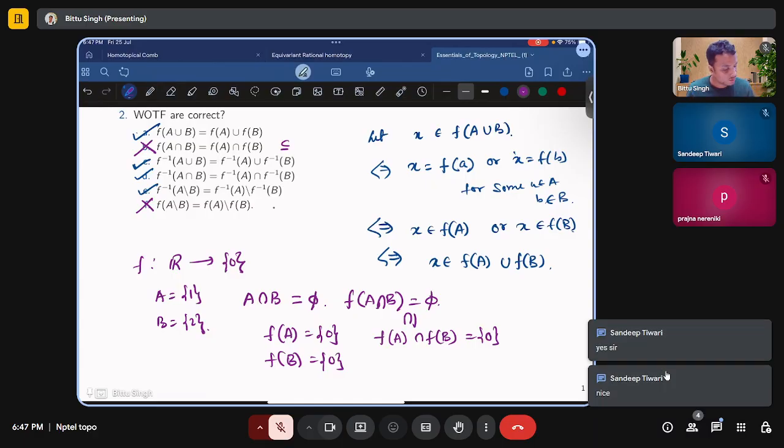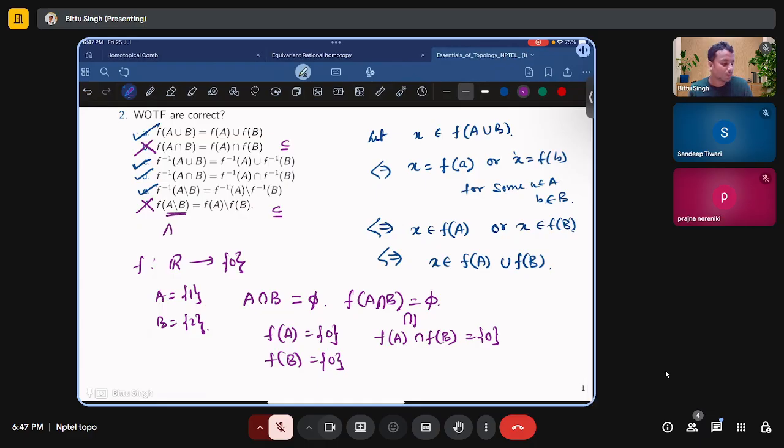Again, it will be this kind of inequality. Because what is A intersection B? It means A intersection B complement, and this is the same as f of A intersection f of B complement.